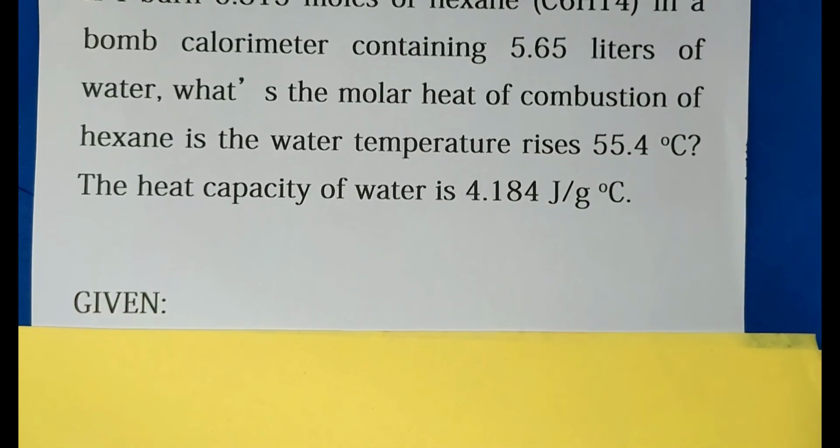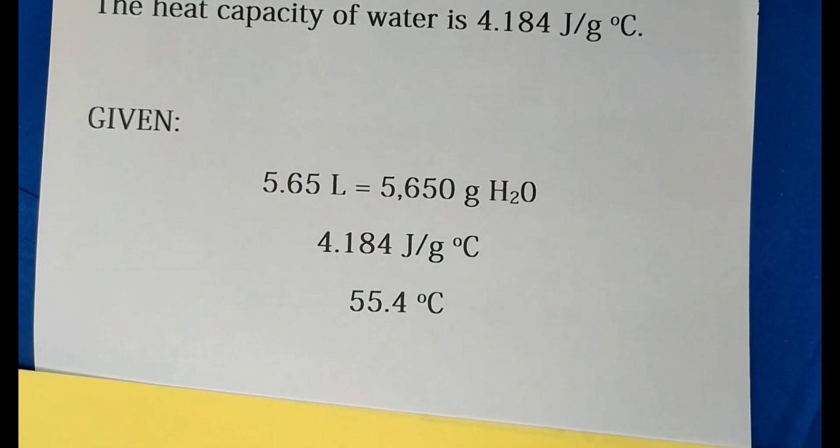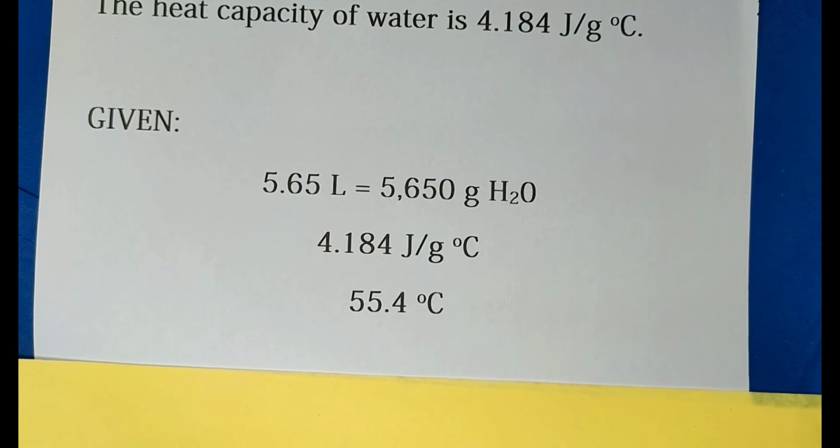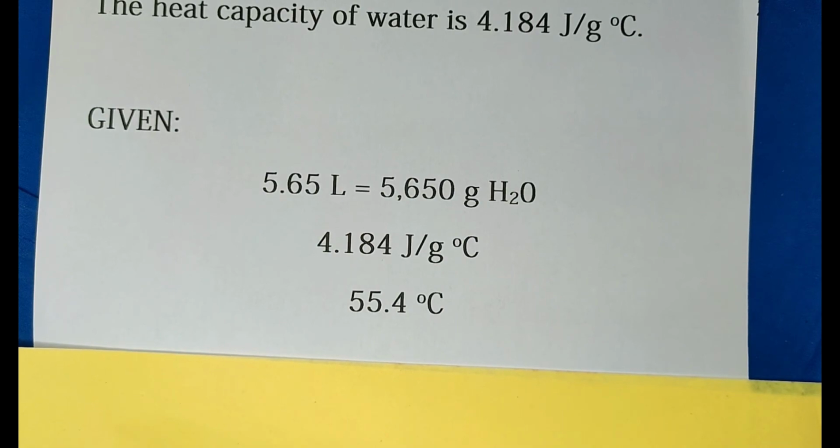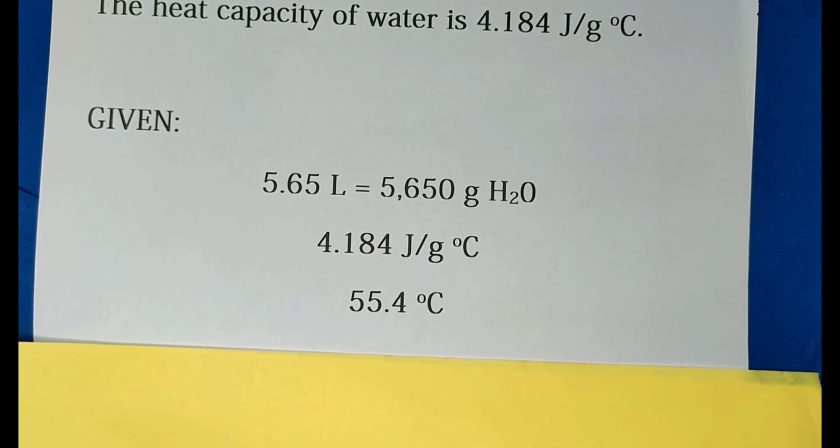We have 5.65 liters converted to grams, we have 5,650 grams of H2O. We also have 4.184 joules per gram per degree Celsius and 55.4 degrees Celsius.